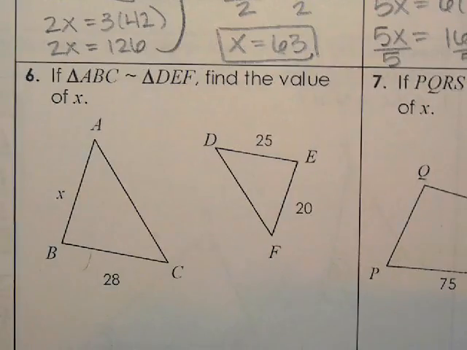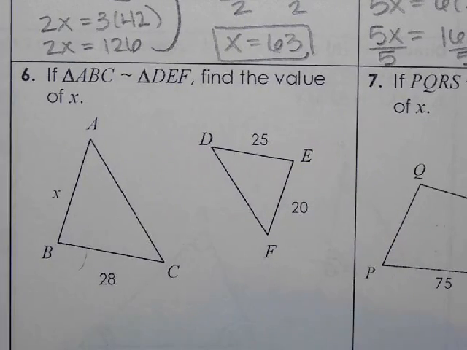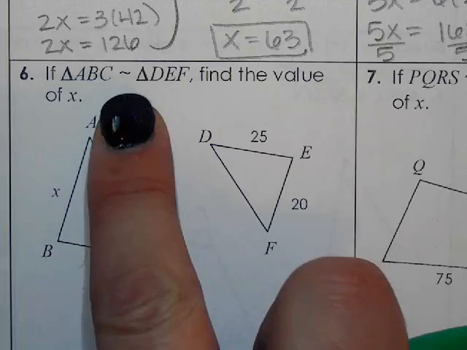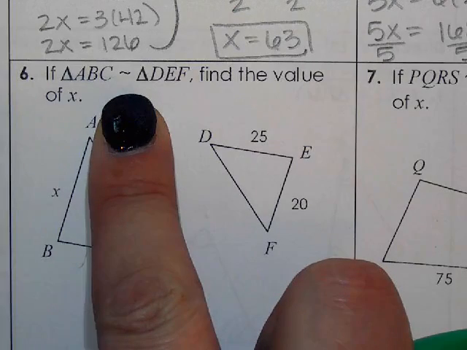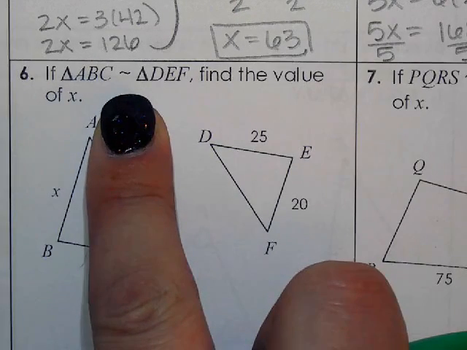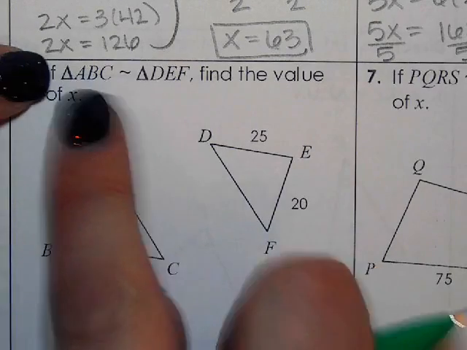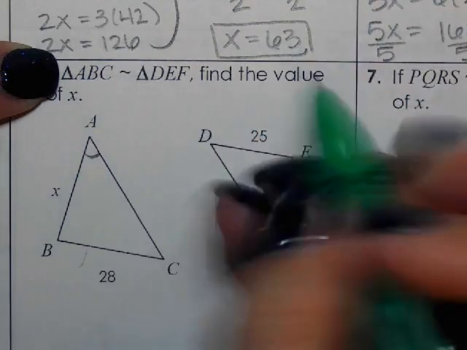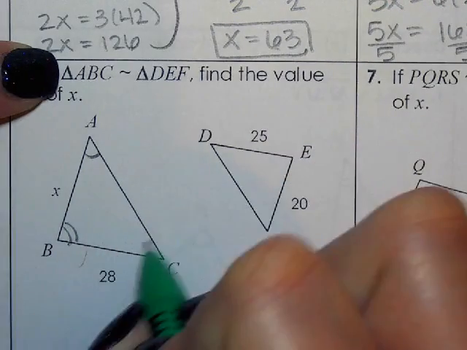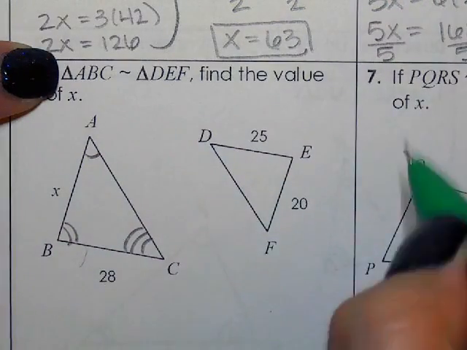So this is where the similarity statement helps us. So we're going to treat this just like we treated those congruent triangle problems back at the beginning of the unit. We're going to label which angles are the same. A, B, C, D, E, F. And that's going to help us figure out which sides correspond to each other, okay?